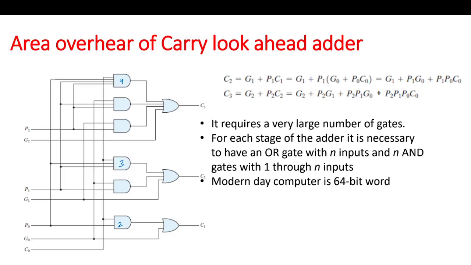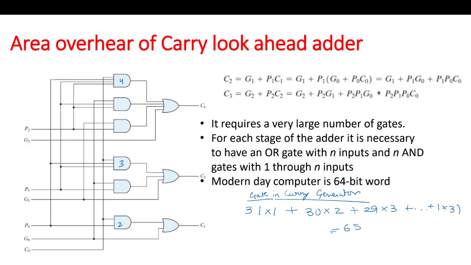So if you see the gates in the carry generator itself, 31 times 1, 31 input gates, 30 2 input gates, 29 3 input gates, till 1 31 input gate.